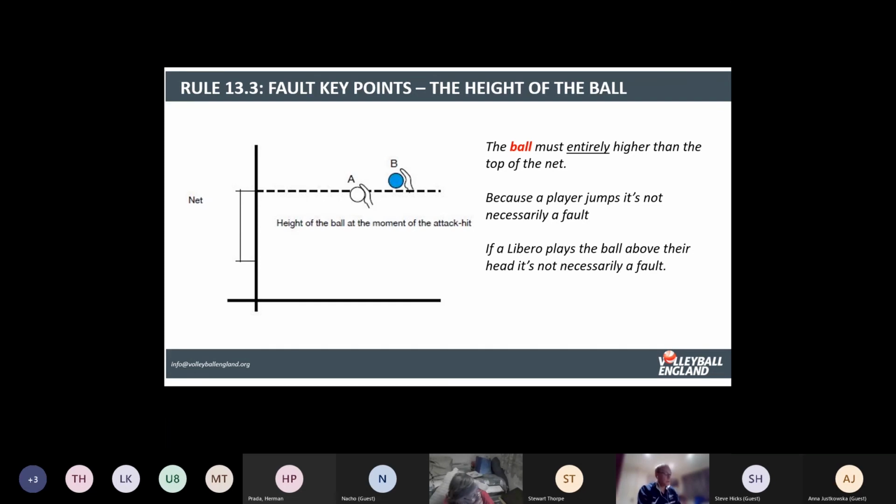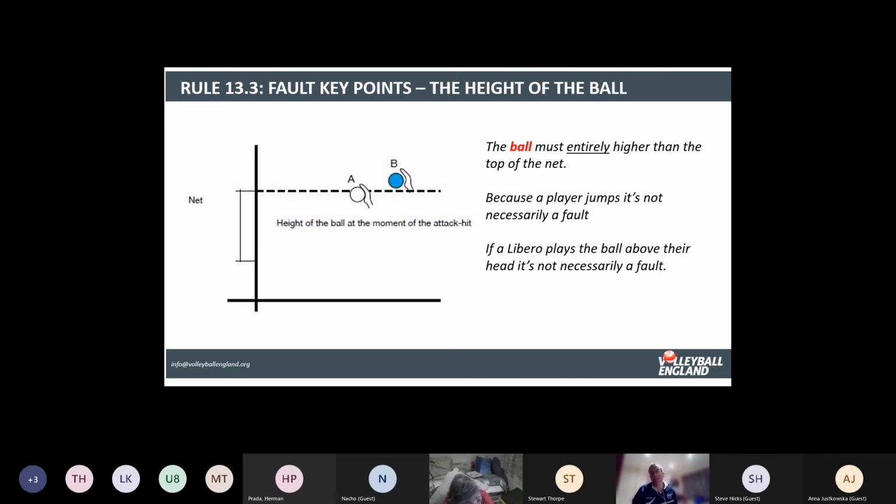Okay, you've got to remember that with the libero, this could be anywhere on the court. It doesn't have to be front zone, it could be back zone, wherever. So you've got to be absolutely certain that ball is higher than the top of the net to call it against the libero. And just remember that just because a player is off the ground doesn't automatically make them higher than the top of the net or the ball higher than the top of the net.